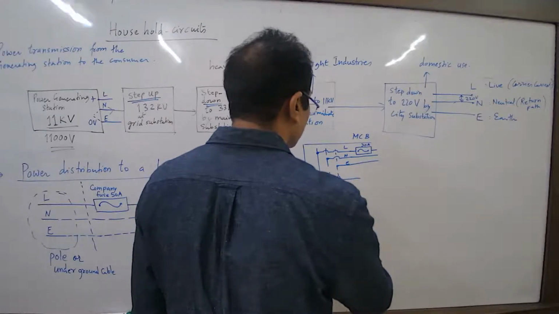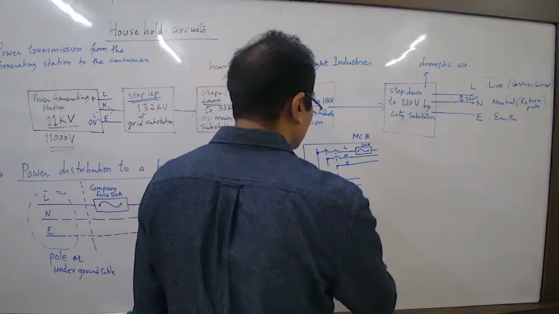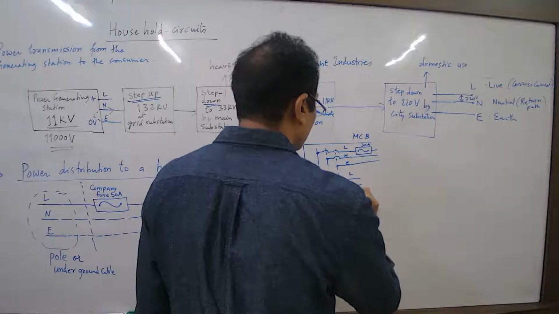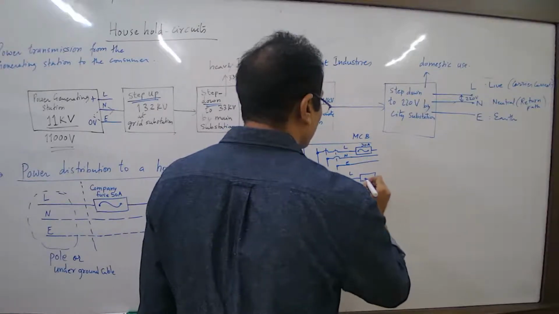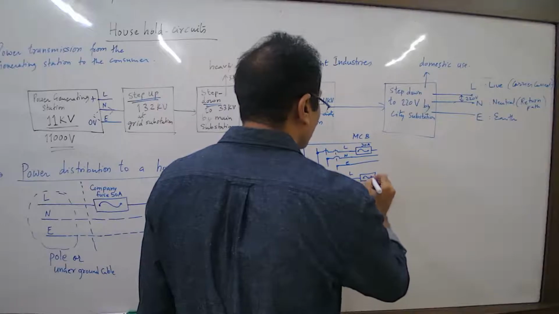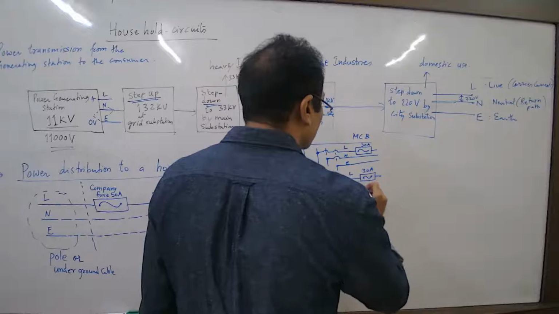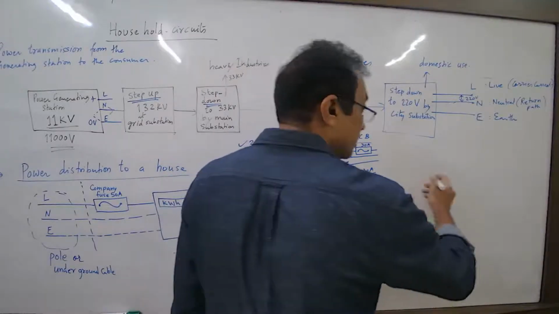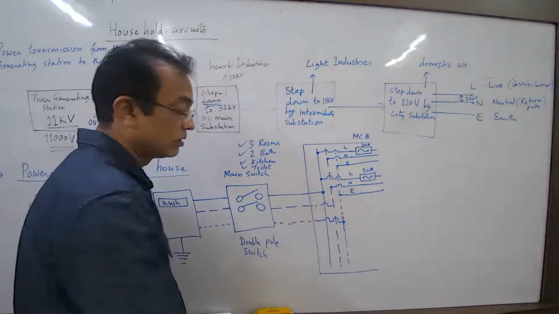Live, neutral. So you have live, neutral, earthing. Then a fuse for that room. So we are adding safety measure everywhere. Like that. It will be extended in another room. Likewise, you can have as many you can pull.